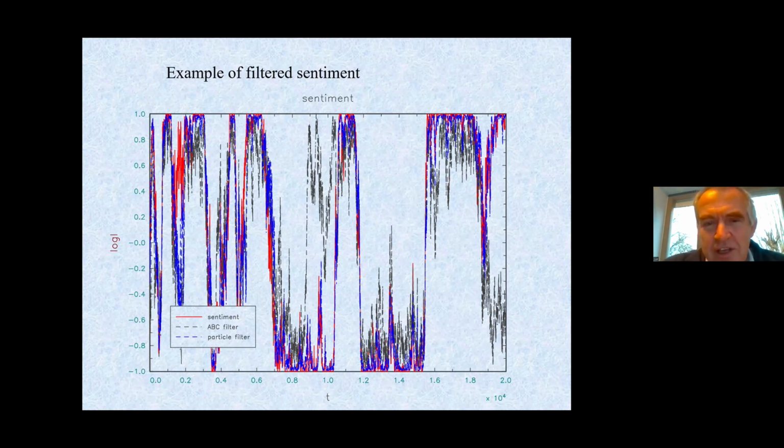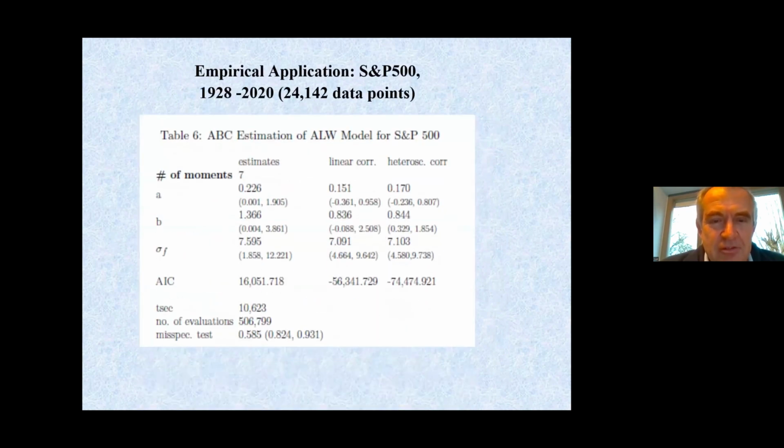And what you can see is that both are performing almost in the same way. And they track very closely the development of the underlying hidden variable. So you can identify hidden variables in this way as well.